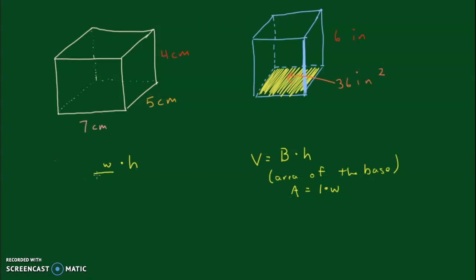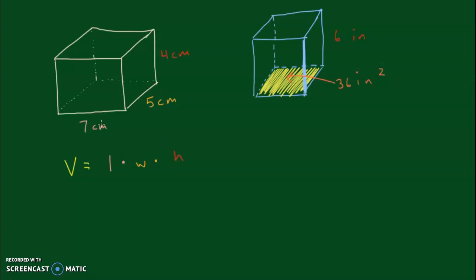So I'm going to get rid of all of those, and let's look at these two separate problems. There we go. So for this one, we have the length, the width, and the height. So volume equals length times width times height.